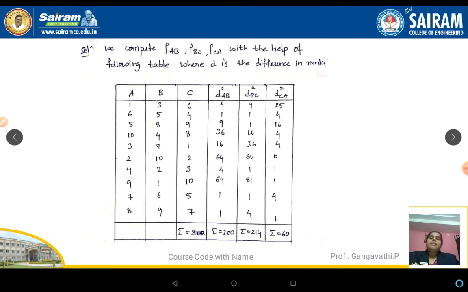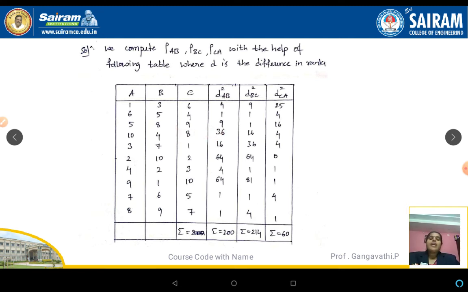Now, since ranks have been given directly, the difference in AB is 1 minus 3, which is minus 2. On squaring, we get 4. Likewise, 6 minus 5 is 1, and 1 squared is 1. 5 minus 8 is minus 3, whole square is 9. 10 minus 4 is 6, and 6 squared is 36.